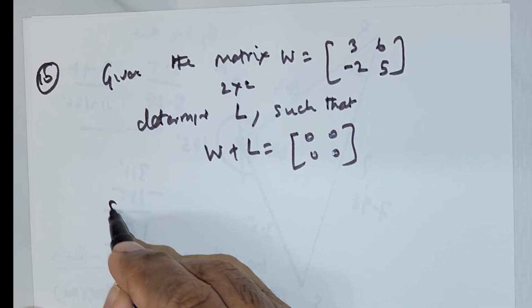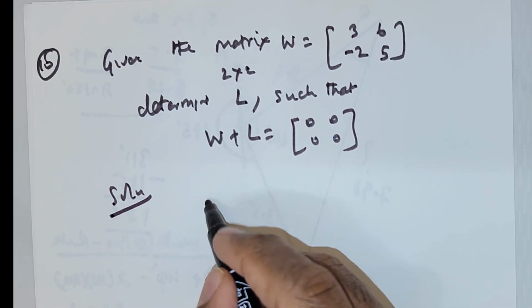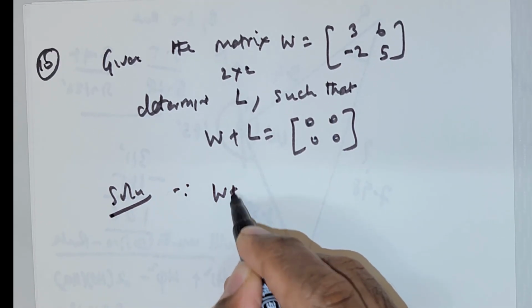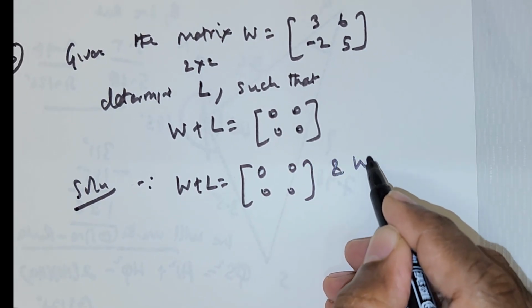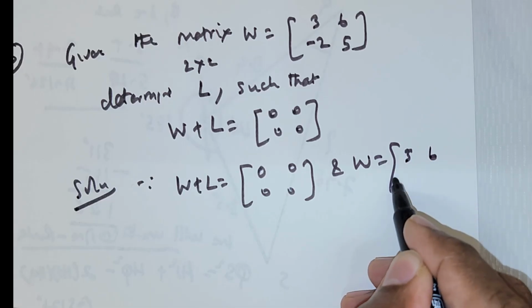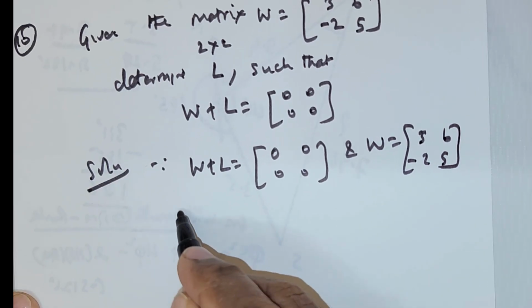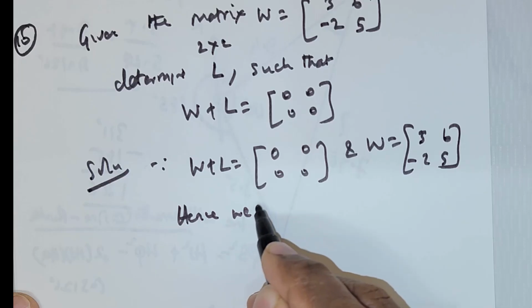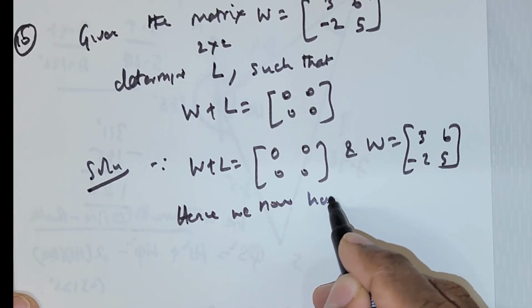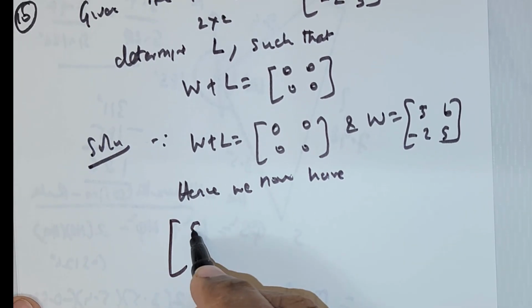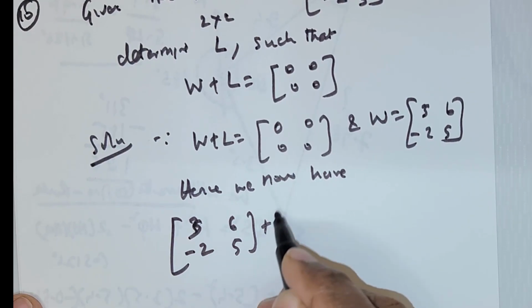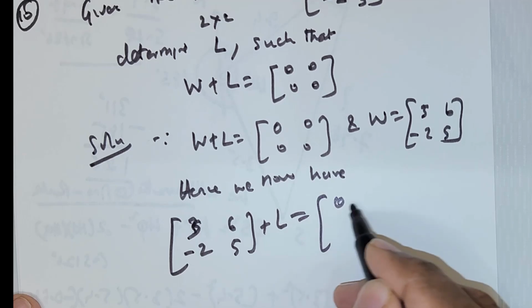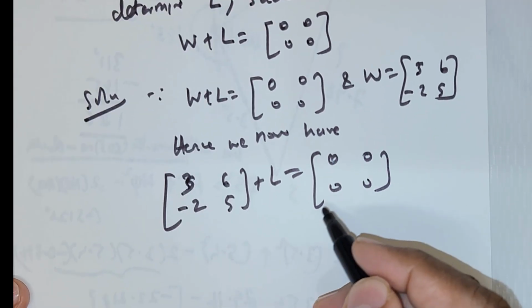Okay, so solution, since W plus L is 0, 0, 0, 0 and W is equal to 3, 6, negative 2, 5, hence we now have, in place of W you substitute 3, 6, negative 2, 5 plus L, this is required to equal 0, 0, 0, 0.